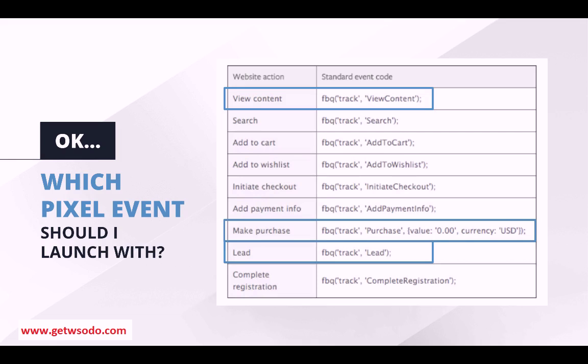So on the first page of my website, immediately after the user clicks on the ad, I'll have a view content pixel. After they complete my survey funnel or something like that, I'll have the lead pixel. And then after they actually complete the affiliate offer, then I have the purchase pixel.